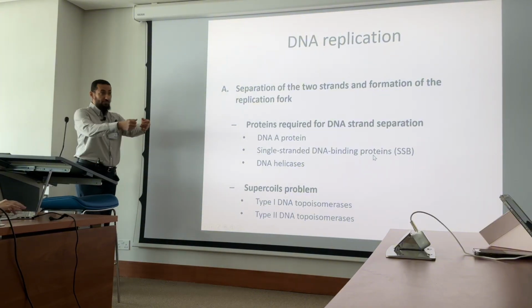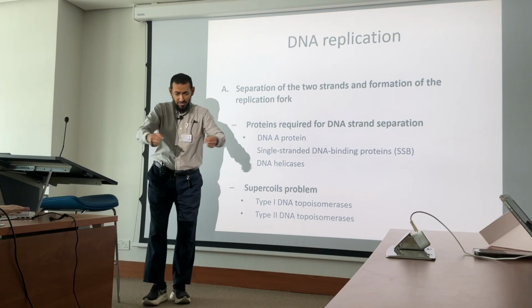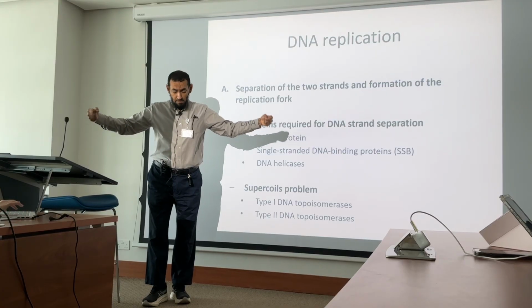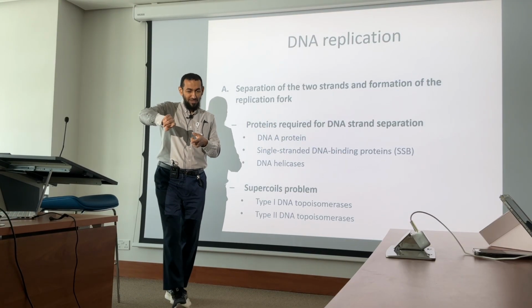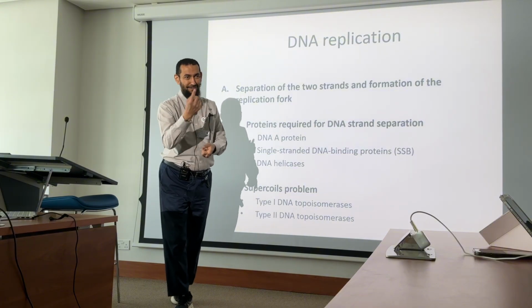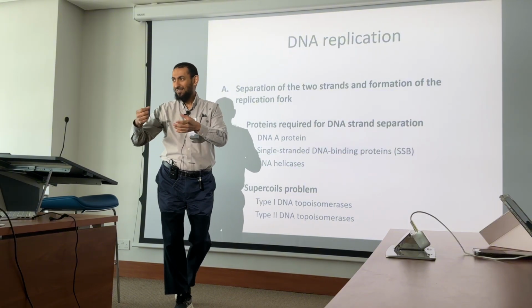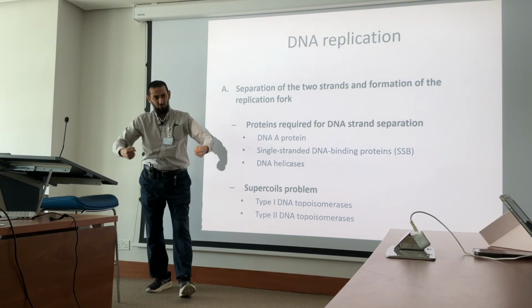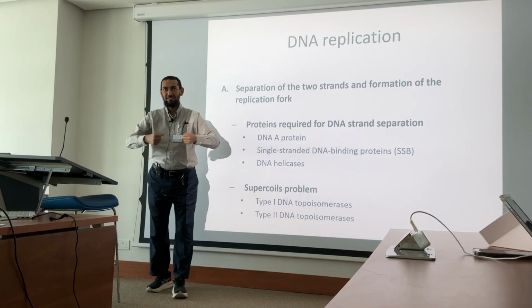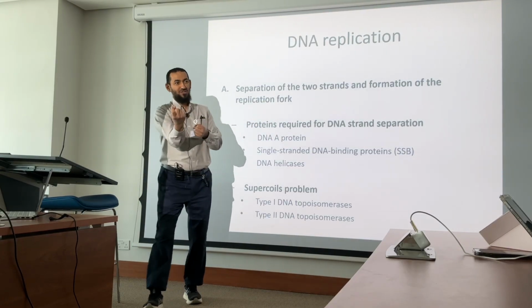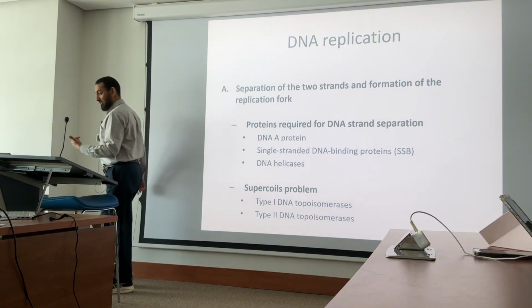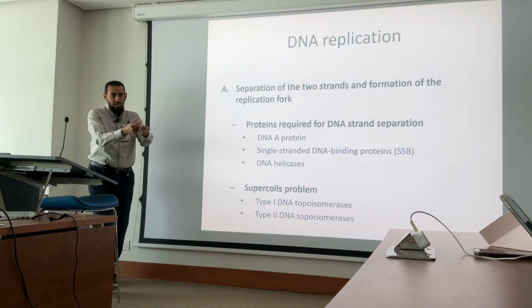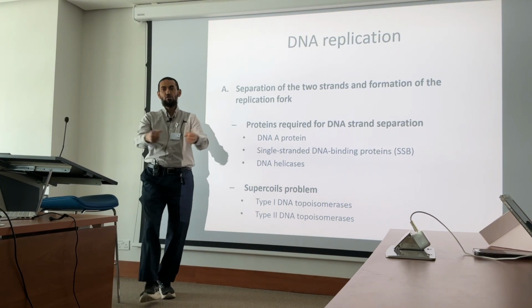Supercoil problem. After unwinding the template, after a while there will be a problem with supercoil. Say if you have a rope and try to open it, unwind it, ultimately the rest of the rope will flip over itself. And this is supercoil. You need to release this tension, otherwise you stop.